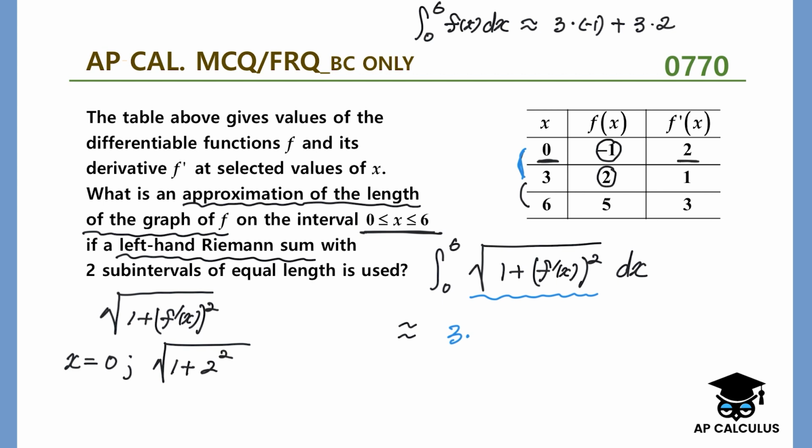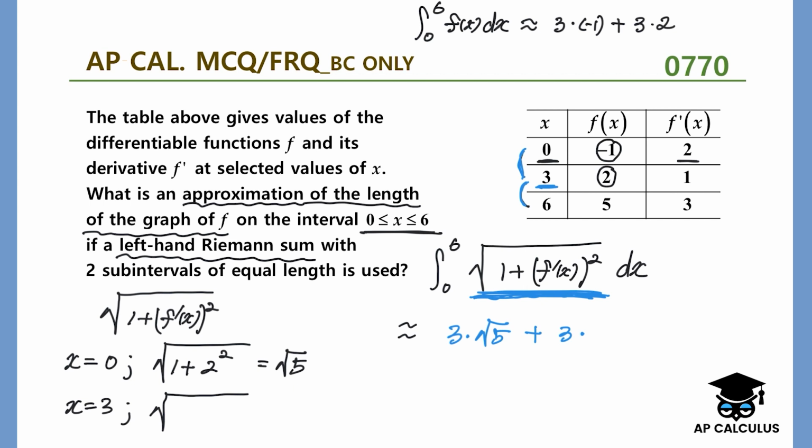So 1 plus 2 squared, which is equal to square root of 5, right? So 3 times the square root of 5 plus this interval, which is also equal to 3 times this value on the left, which means when x is equal to 3, right?